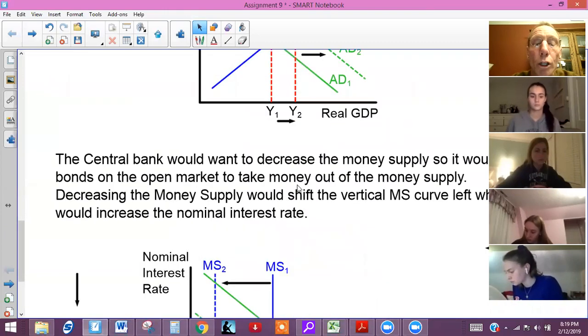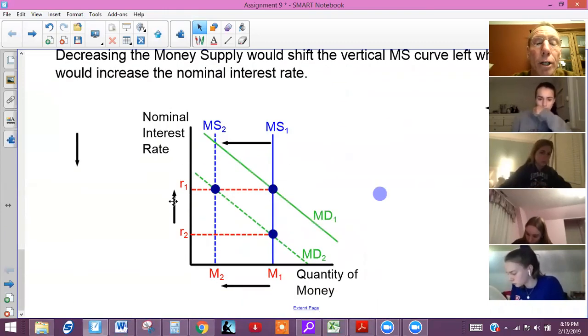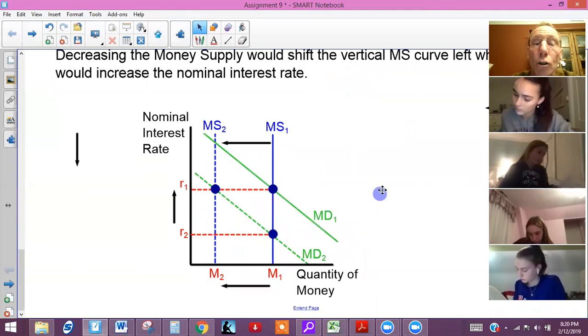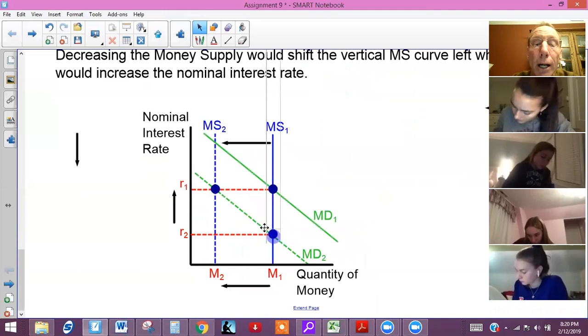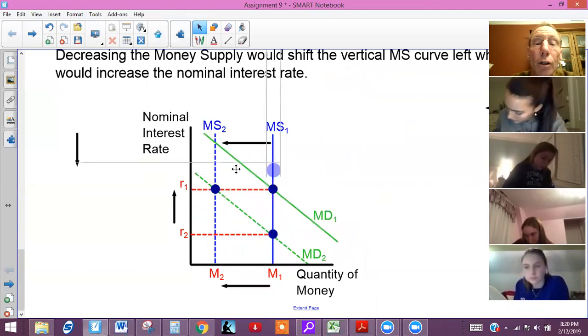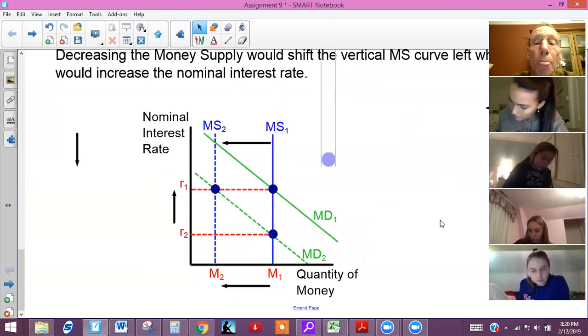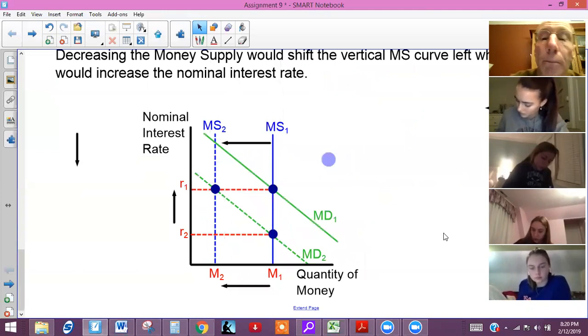So what they're going to want to do to get that interest rate to go back up is to shift the money supply curve to the left, right? Because we've shifted our money demand to here. So in order to get from here back up to here, we want to shift this curve, the money supply curve, to the left. So we want to take money out of the money supply.